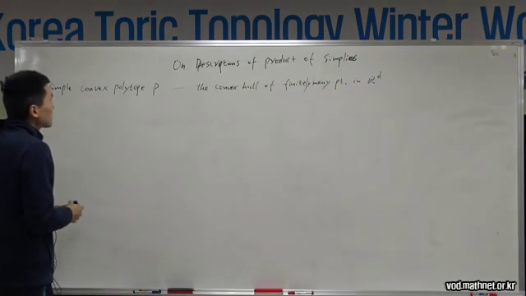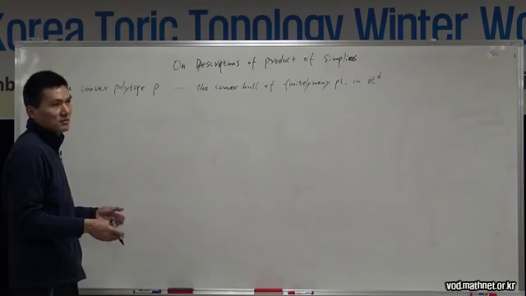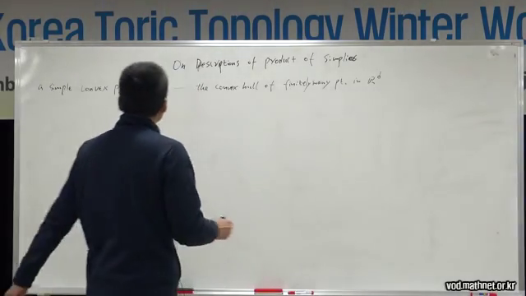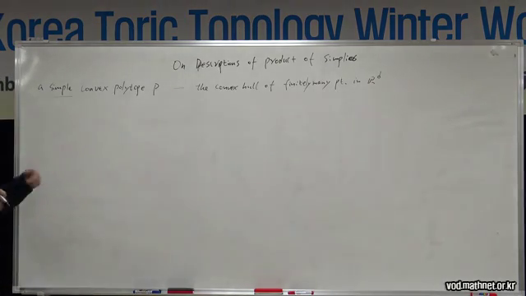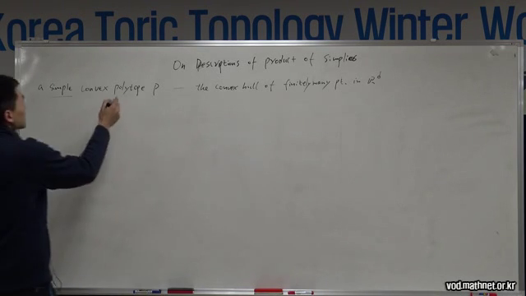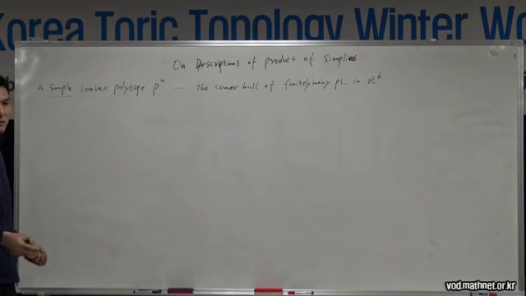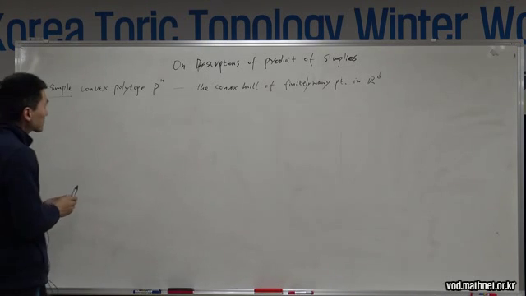So I think of it as a convex subset of Euclidean space. And simple means, I think everybody knows, that at each vertex it only meets, so say that the dimension of the polytope is n, then at each vertex there are only n facets meeting this vertex.